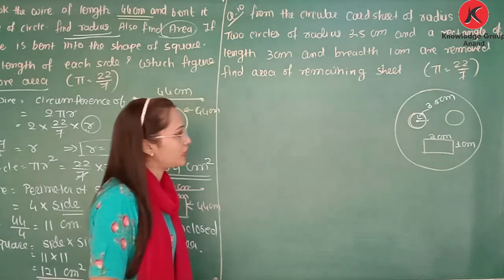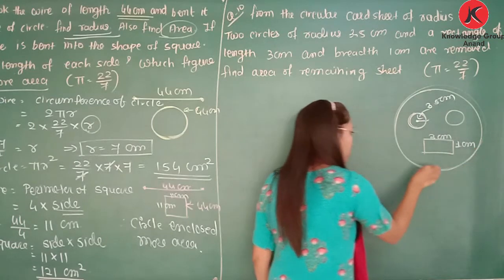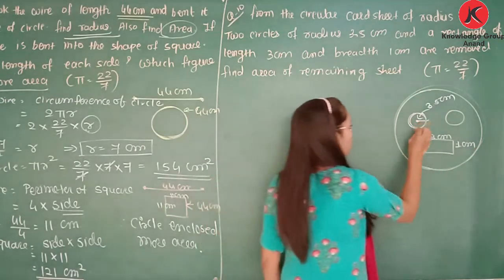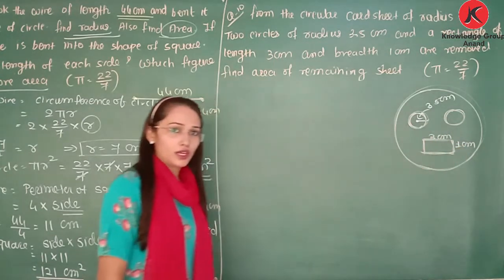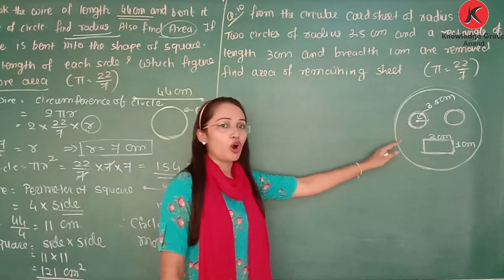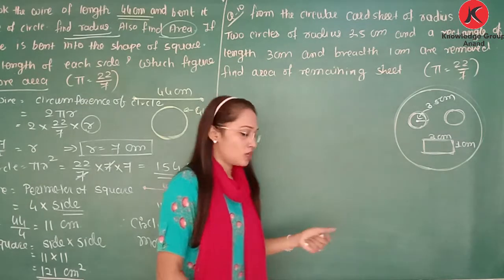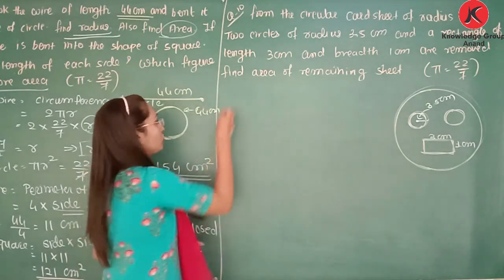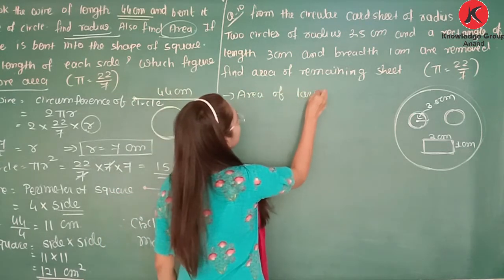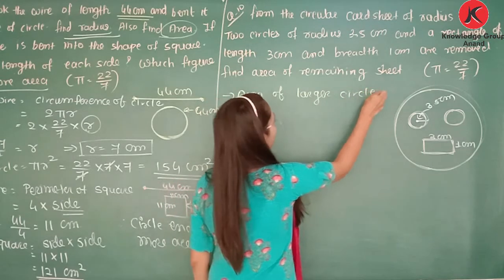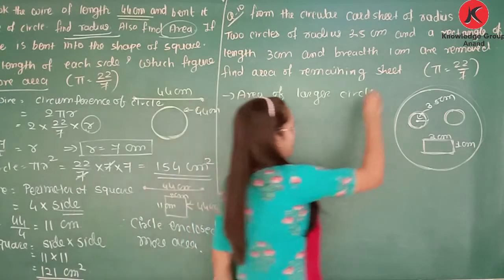So find the area of the remaining sheet. How can we find the area of remaining sheet? First of all, we need to find the area of the whole sheet. And from this sheet, we need to remove area of these circles and this rectangle. Clear? So first of all, we will find the area of all four things: one bigger circle, two smaller circles and one rectangle. So let's find area of larger circle, that is pi r square. What is the radius of larger circle?